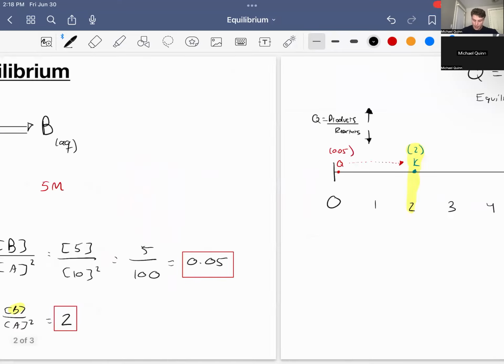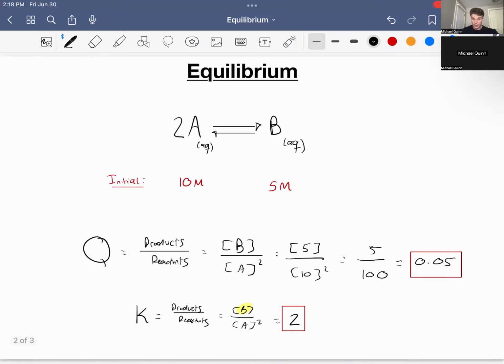So if we look back at our reaction, this is really important information because a lot of questions and scenarios want you to predict which way this reaction will shift. You'll see this word a lot, shift, meaning if you were to run this reaction, which way will it proceed?